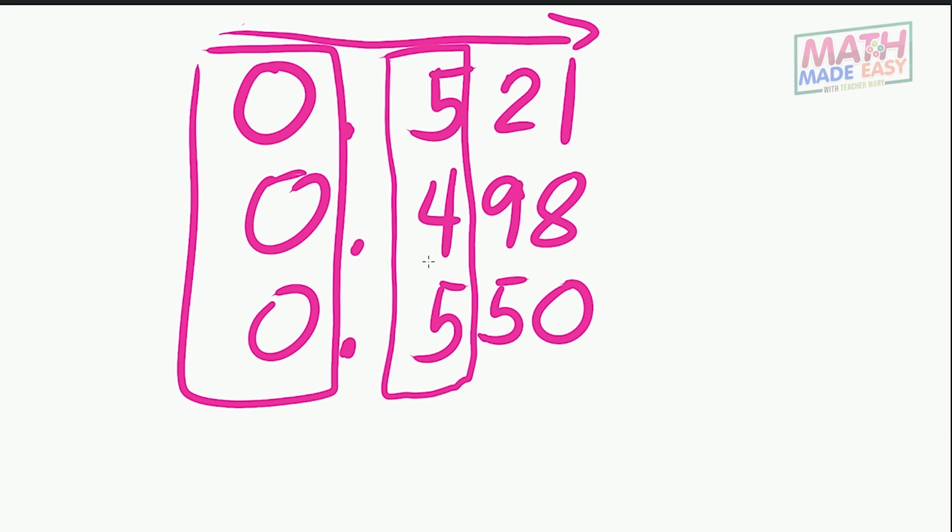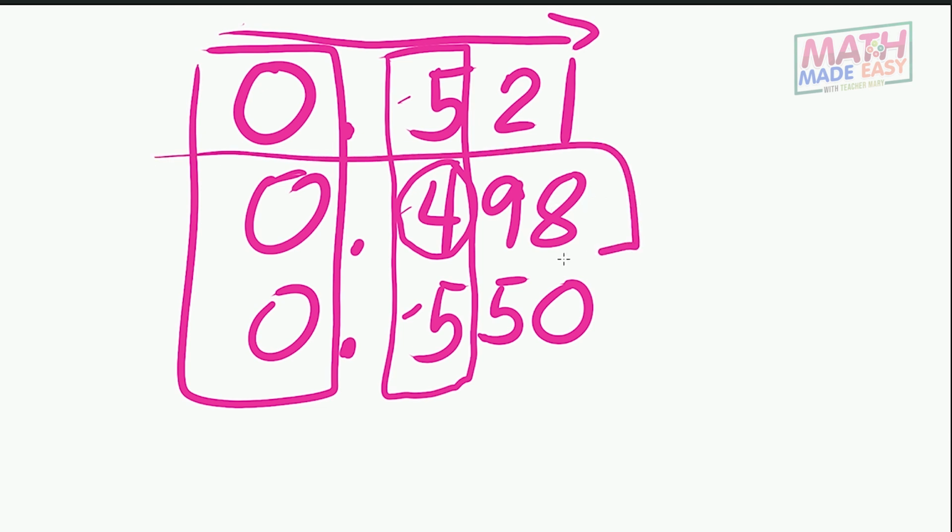Are the digits in these numbers the same or different? As you can see here, 2 have a 5 in the tenths place, and 1 has a 4. Among these 3 numbers, which is the least or the smallest? Yes, it is 4. So, this one is the shortest.